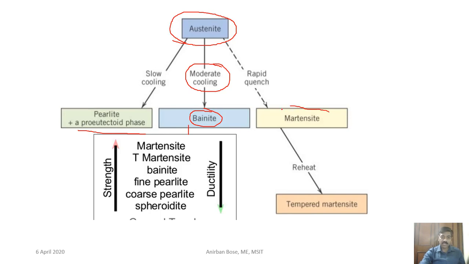We can get martensitic structure if we rapidly quench it, and I have already told you that martensite is very hard and brittle. That's why to make it of use we have to reheat it, which is called tempering, and we can improve some of the ductility and we can use it.